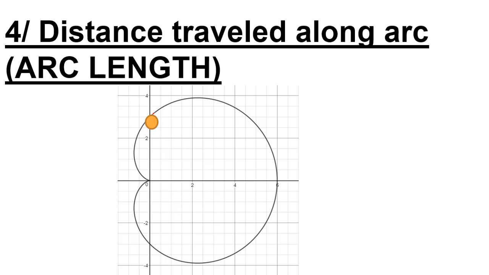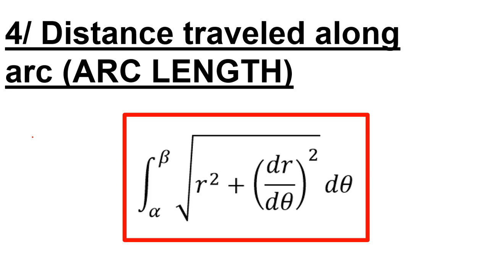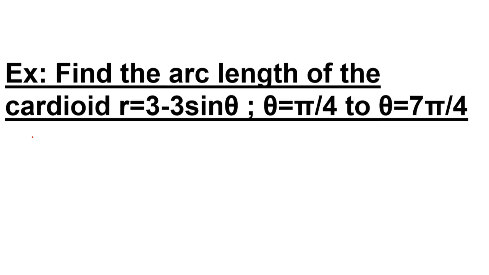The distance traveled from here to here is the arc length, or distance traveled along the arc. This is the equation, just like for the area. You just remember the equation, plug in, use the calculator, and you can solve any problem.